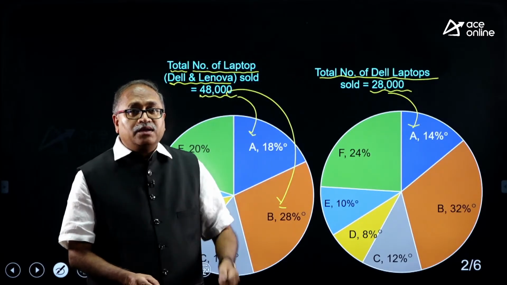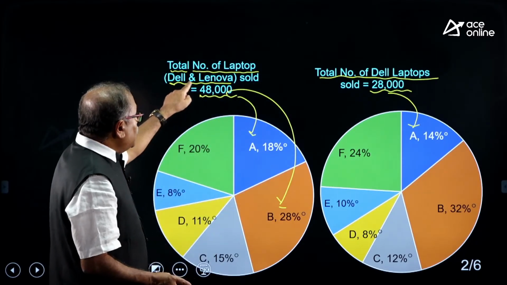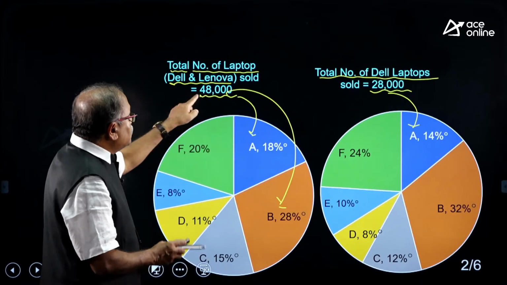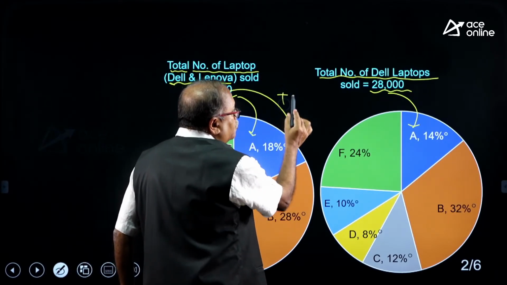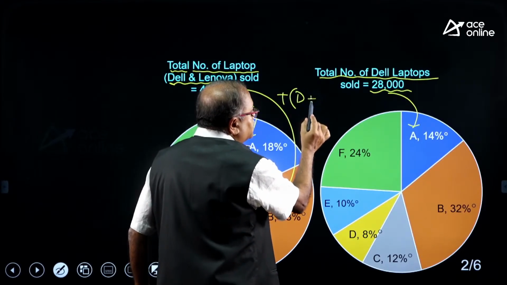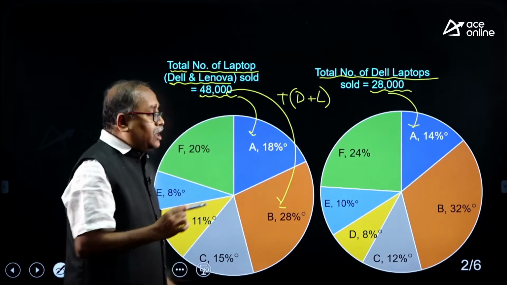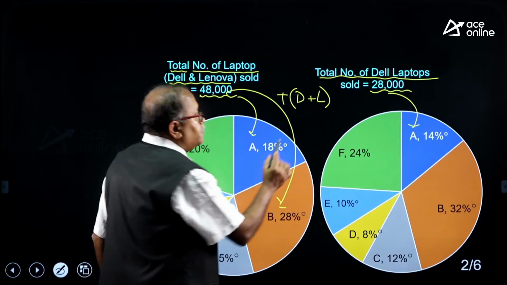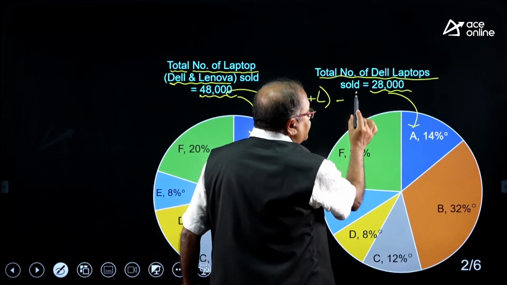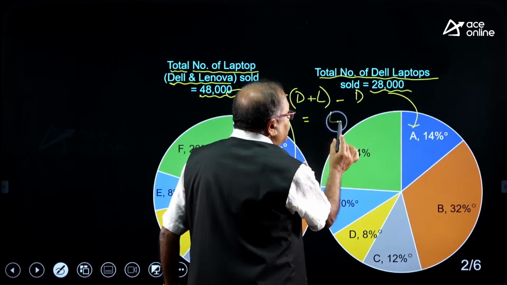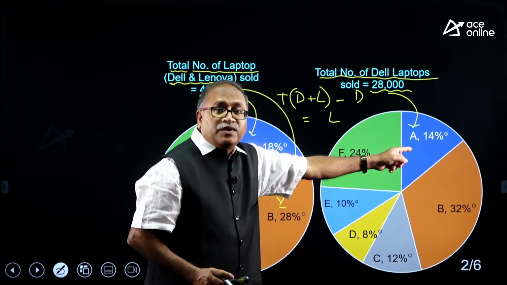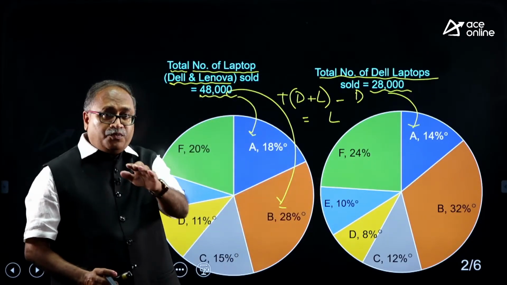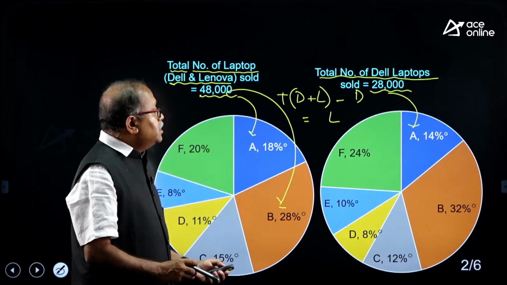But how do I get the Lenovo? For Lenovo, I will take the 18% of 48,000, that will be the total. Total means Dell plus Lenovo. I will get the total over here, and from there if I take out the Dell, I will be getting the Lenovo. Dell I am getting from this figure. Hope you are understanding it. So, let us move on.